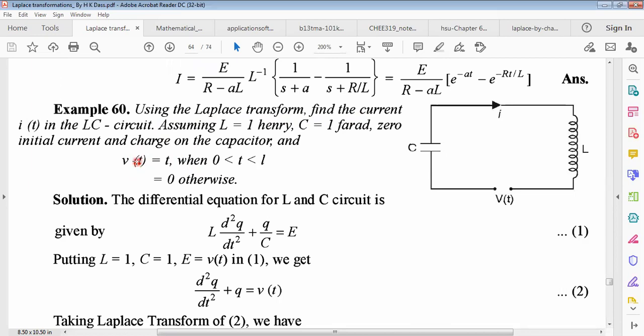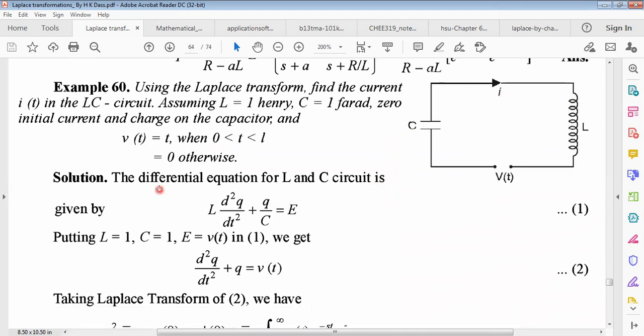Voltage v(t) equals t when t lies between 0 and 1, otherwise 0. So the circuit will be like this, electric inductance will be this, and EMF v(t), and C is the capacitor and i is the electric current. Now usual differential equation for LC circuits, L into di by dt. This was actually di by dt, but i equals what?